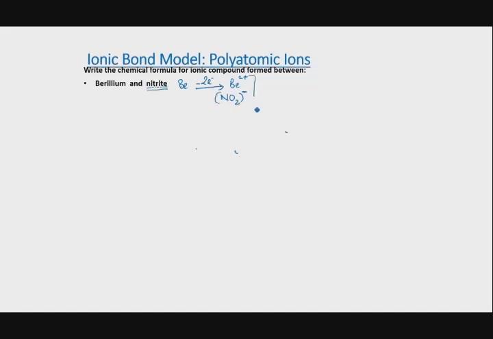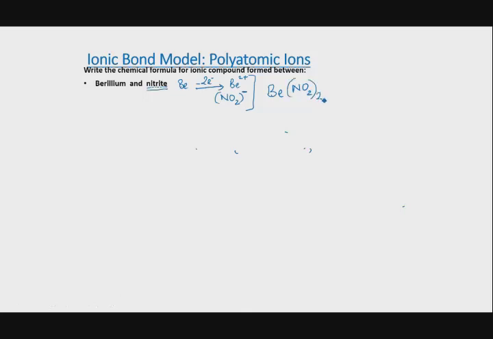So now if you're going to combine these two ions together in a ratio such that the overall charge is 0, that ratio would have to be Be, cation first, NO2, and then we need 2 NO2s. So the best way to show that is to use parentheses for this unit and then another 2 outside of that parentheses.